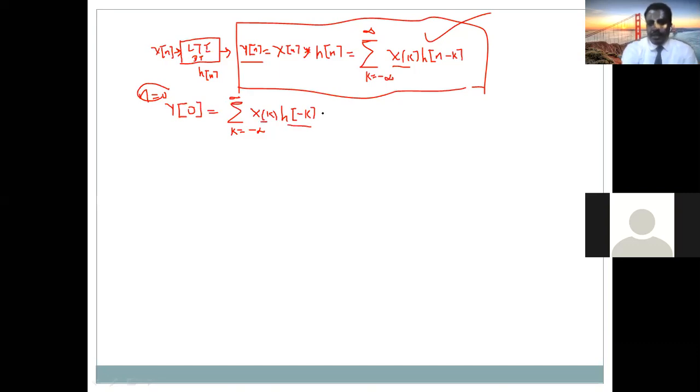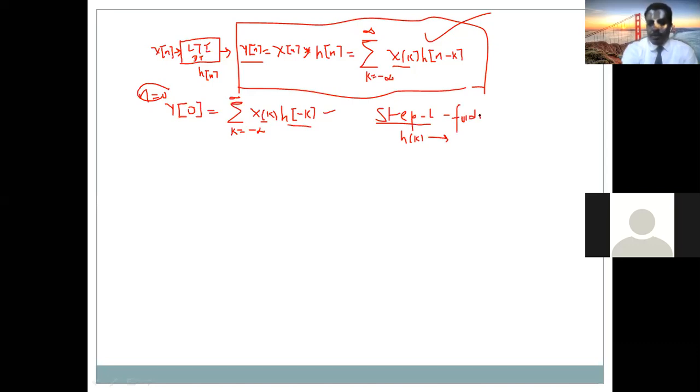So this way, we add x of k multiplied by h of n minus k. What are the steps here to calculate this summation? Step one is folding of h of k, the impulse response. We have discussed what the folding operation is.